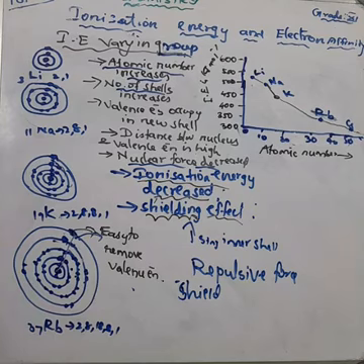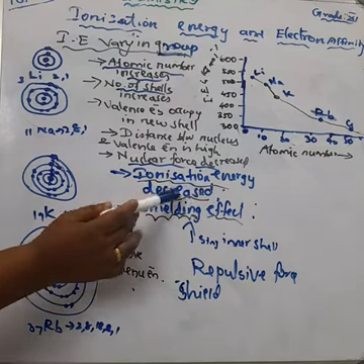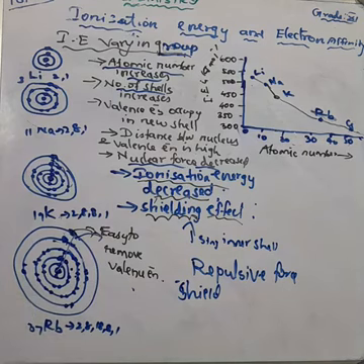So the ionization energy is very low; we can give a minimum small amount of ionization energy to remove the electron from the valence orbital. Understood? Thus the ionization energy decreases along the group, but increases along the periods.